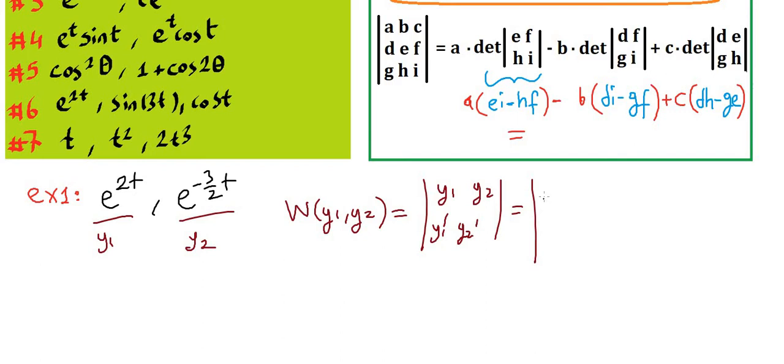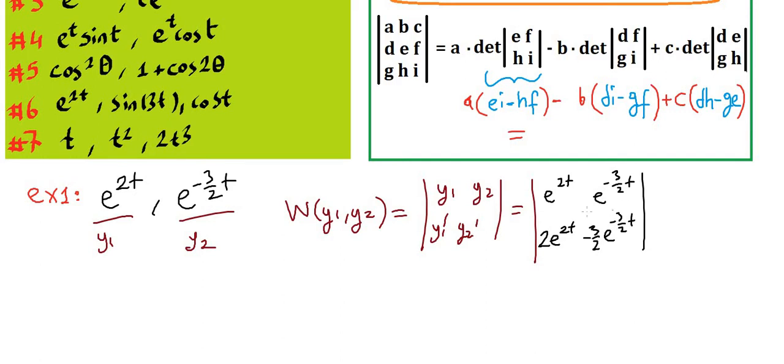So y1 is e to the 2t and y2 is e to the negative 3 over 2 t. The derivative of e to the 2t is 2e to the 2t. We bring the coefficient in front and keep e to the 2t. Similarly, the derivative of this will be negative 3 over 2 e to the negative 3 over 2 t.